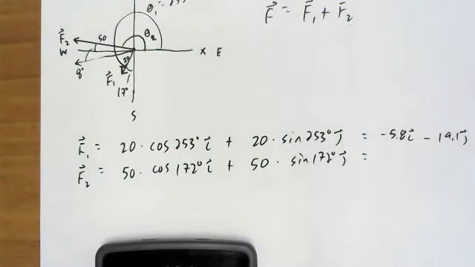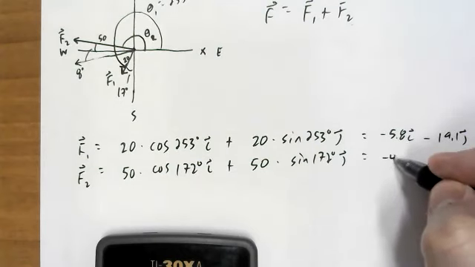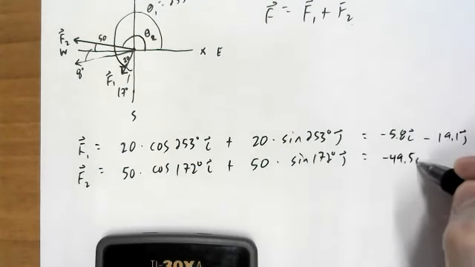Now my second force vector is 172 cosine times the magnitude of 50, negative 49.5 i.